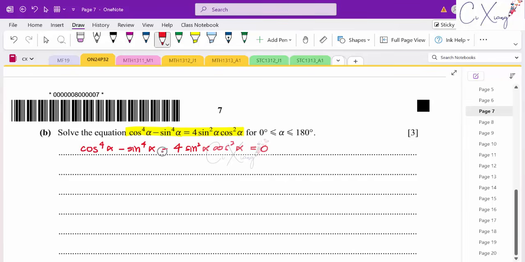And this equation is basically what they want us to show in the previous part, the left-hand side expression. So you can directly substitute the right-hand side expression into this part.